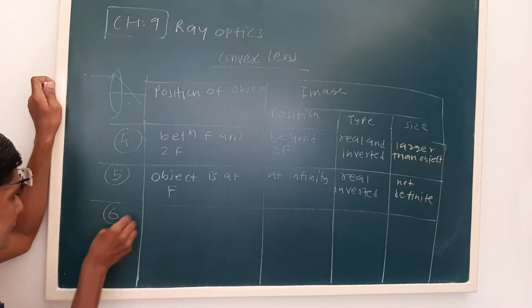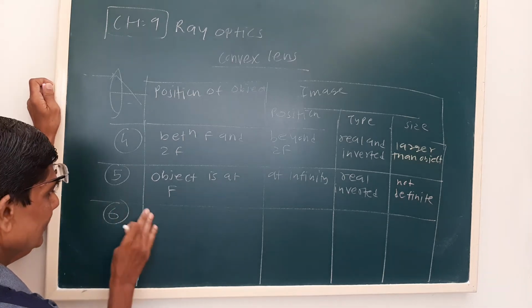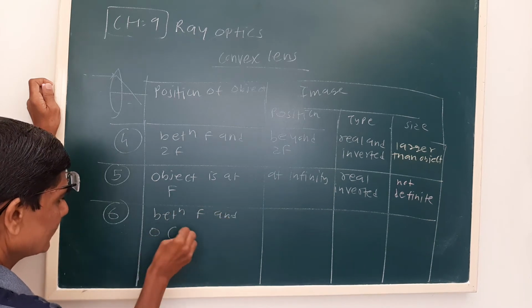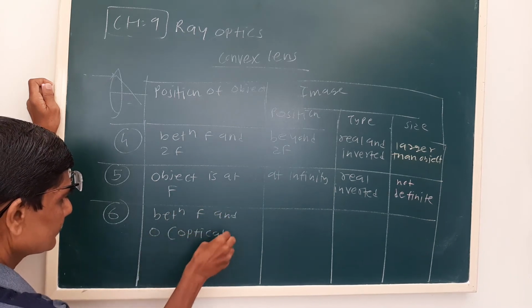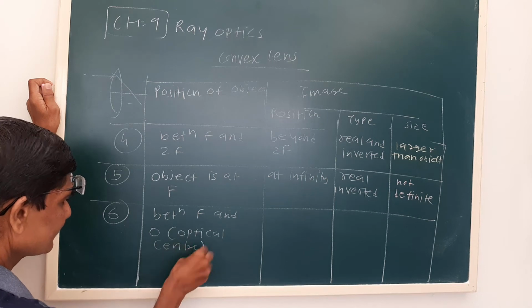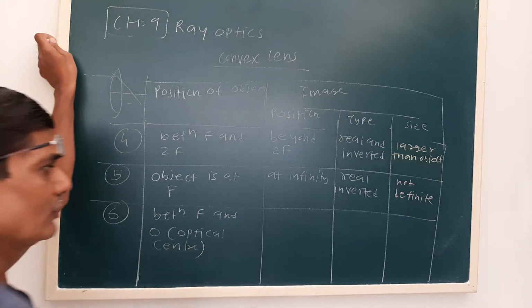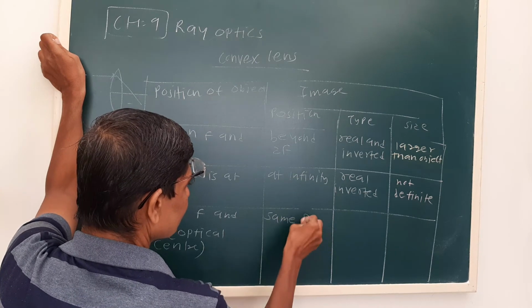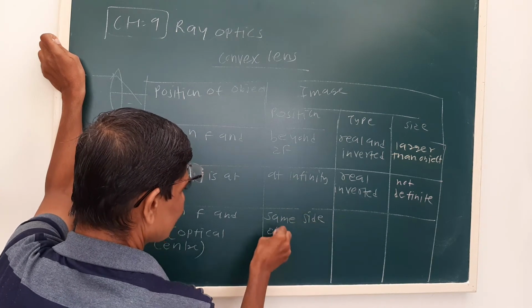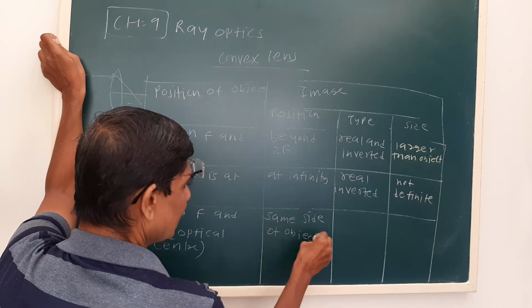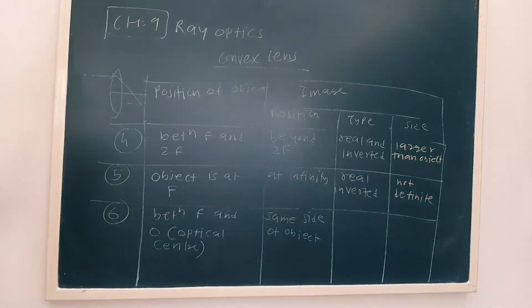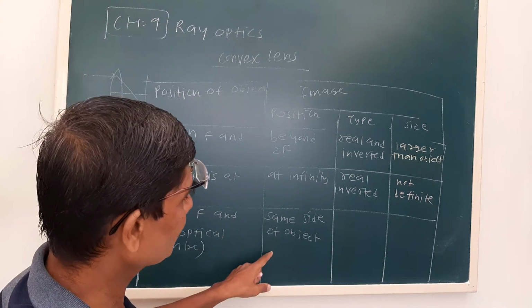And the 6th: see, the object is between F and O, that is the optical center. Now the image will be on the same side.